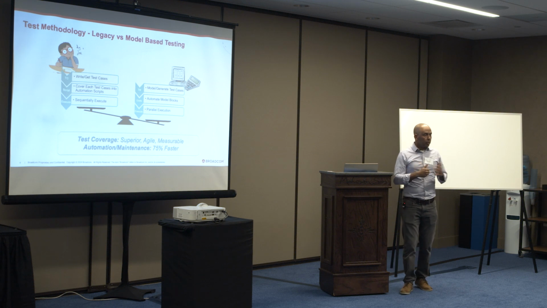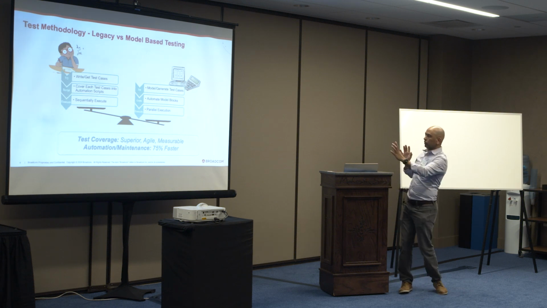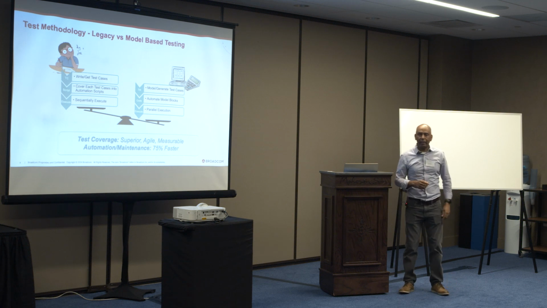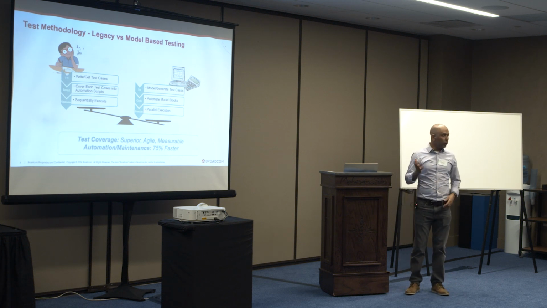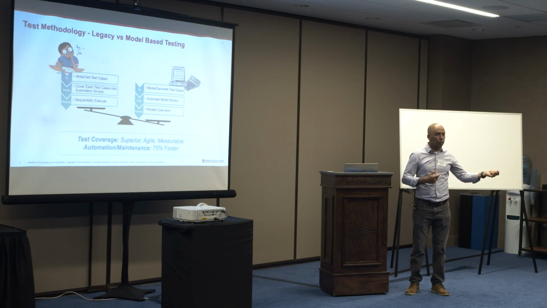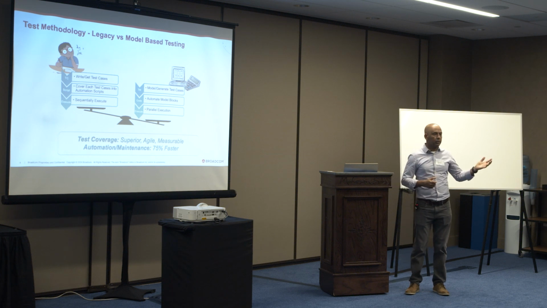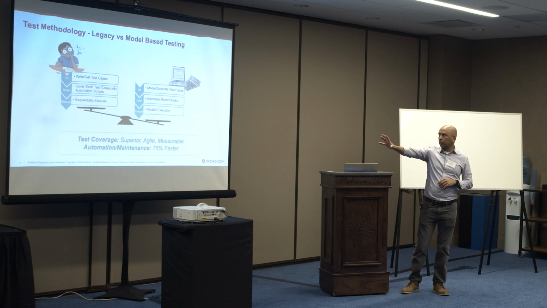How is it different from the traditional way of testing? On the other side, you have the traditional, legacy way of testing, what I call it. Somebody writes a test case, and then tosses it over to folks who can automate that, and then typically you run it sequentially. So that is the legacy way.